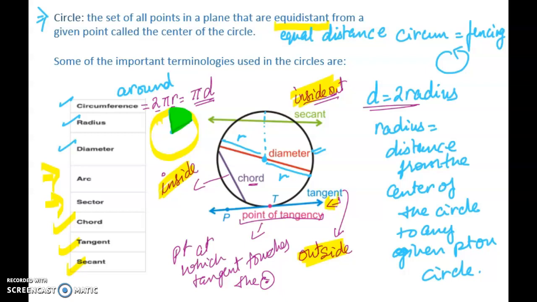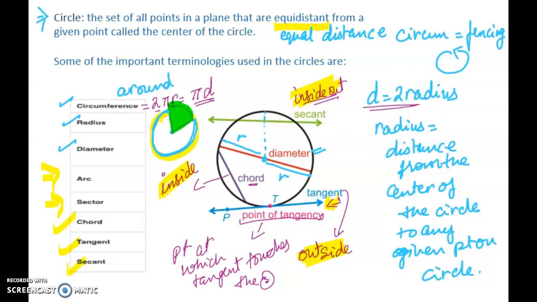And another thing is arc. Arc is nothing but part of the circumference. The blue thing, that is the arc that I am talking about. I am not talking about the arc that is there with the sector, only the blue part. So the blue part is a part of the circumference.